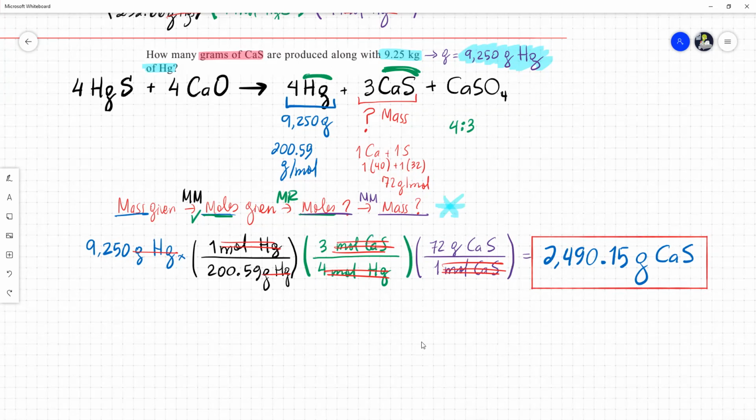Do you have a doubt in any step of this exercise, Nelson? Only a question: the path of mass given, moles given, moles unknown, mass unknown will not change in any exercise. Grams to grams is going to be the same. So the path, if you memorize it, you'll be okay.